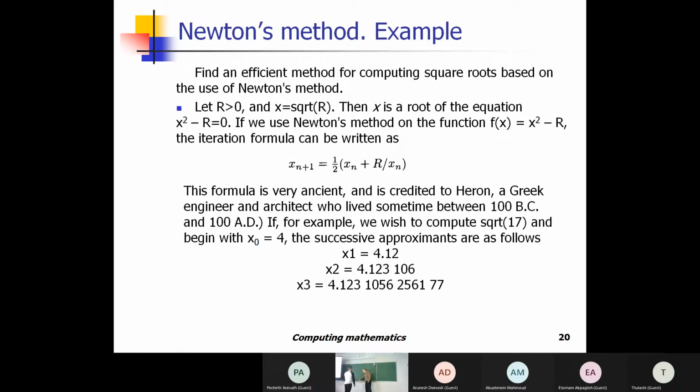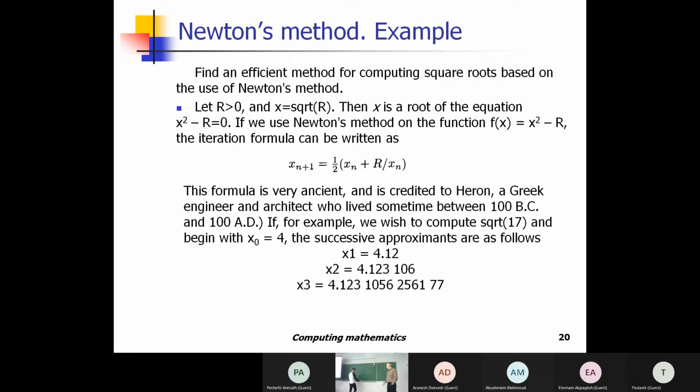Xn squared over 2xn. And the second term, r over 2xn. Okay. Equals, what can you say here? Minus xn squared over 2xn.